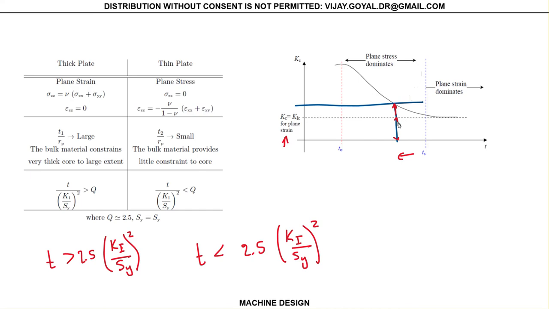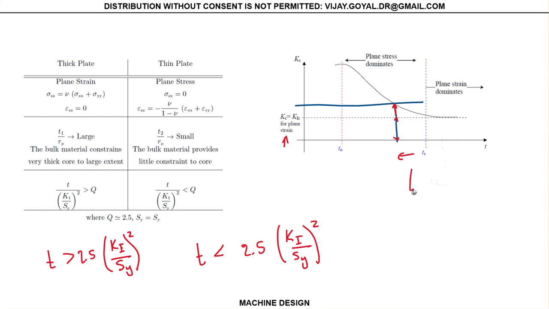Well, maybe you have not failed, because you realize that you are actually in plane stress if it's less than your critical thickness. If it's less than your critical thickness, then it is plane stress dominated. In that case, your equation will be different.